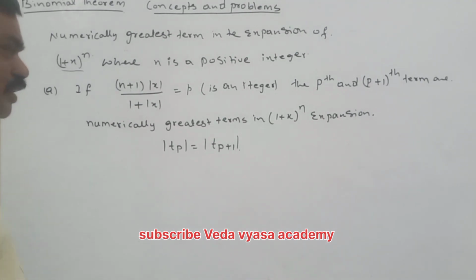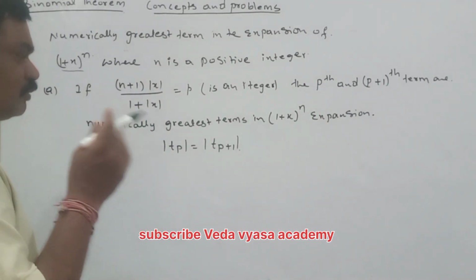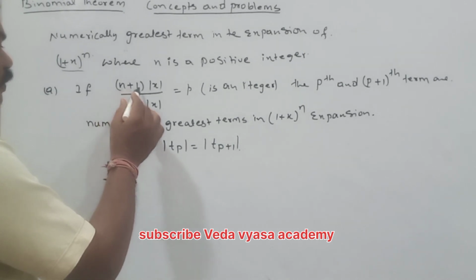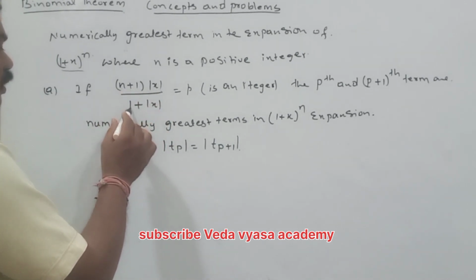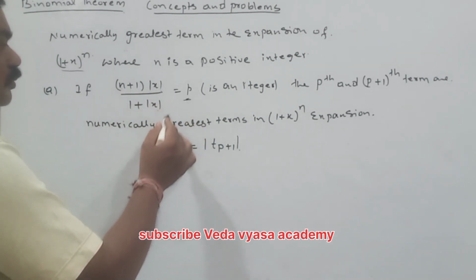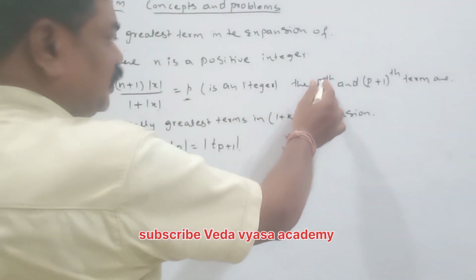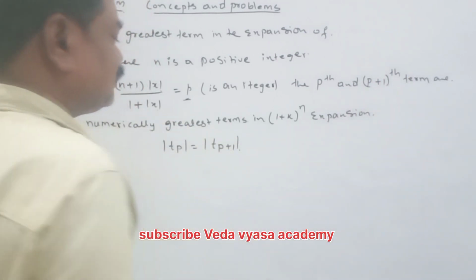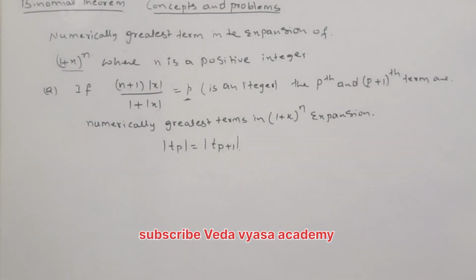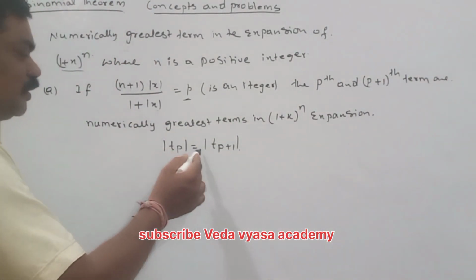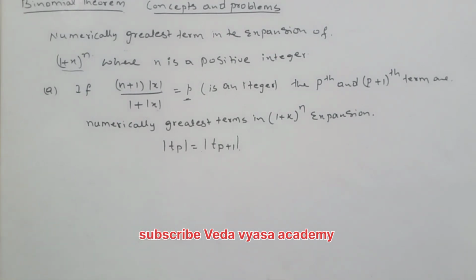In this numerically greatest term we have to find, suppose (n plus 1) mod x by (1 plus mod x) is equal to p, an integer. Then the pth term and the (p plus 1)th term are numerically greatest terms. Mod tp is equal to mod t(p plus 1).